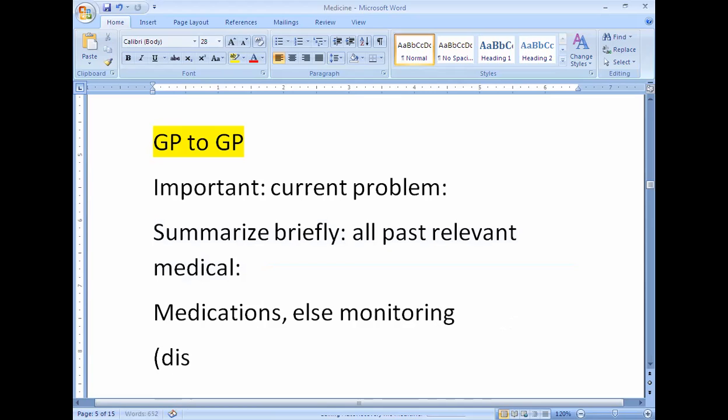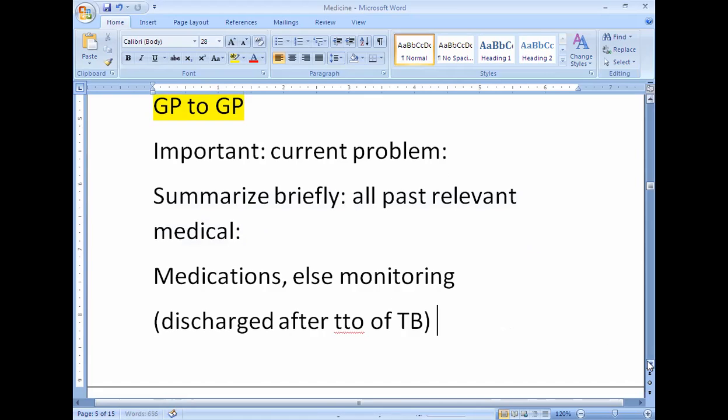Patient is being discharged after treatment of TB. Okay, Dr. Khalil? So the patient is being discharged after treatment of TB. Now you are writing a discharge letter. The patient is living in the UK.